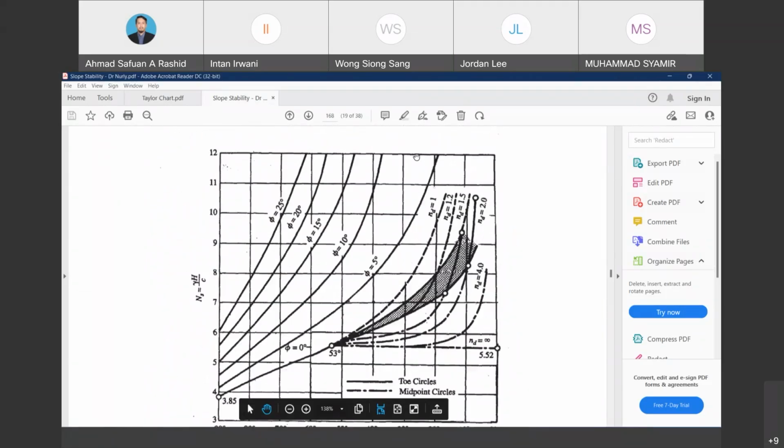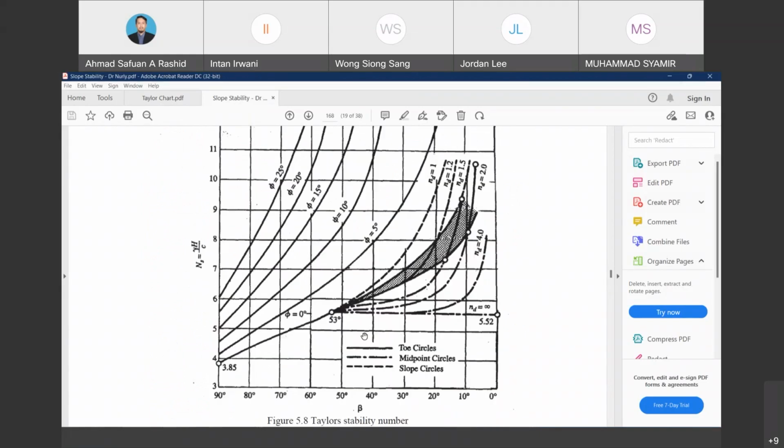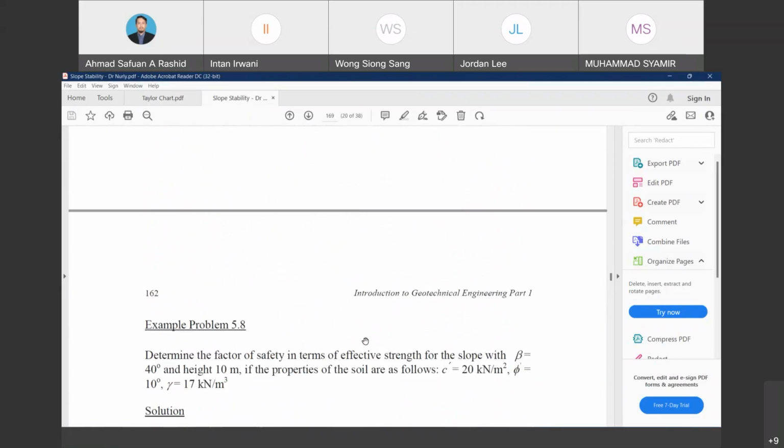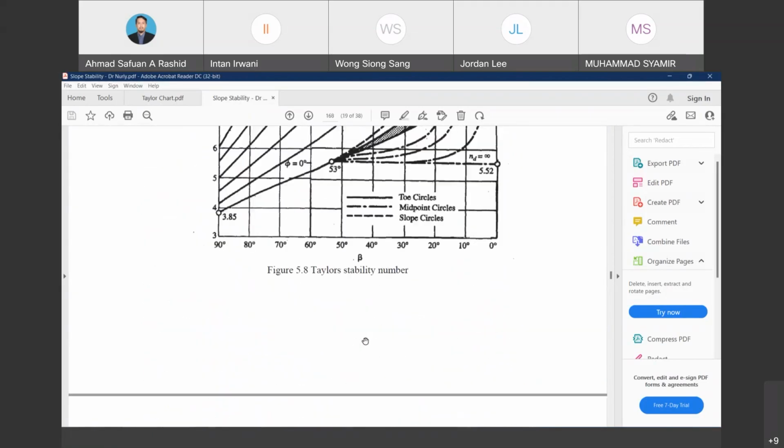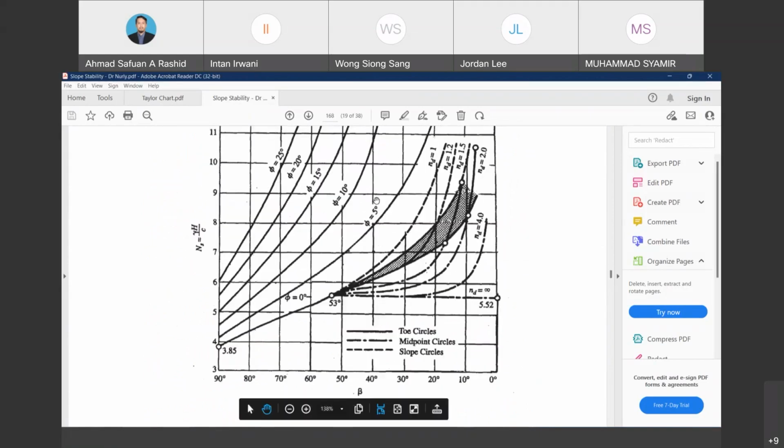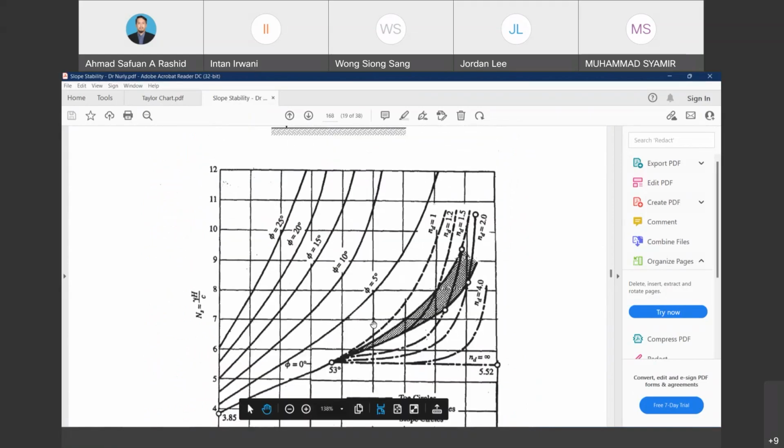Looking on the chart, for example, there is no 5.6, but actually we can just guess. For example, if beta is equal to 40, we just guess around here for the value of 5.6, and then we try to get the value of the stability number.